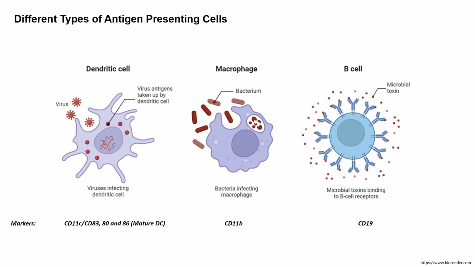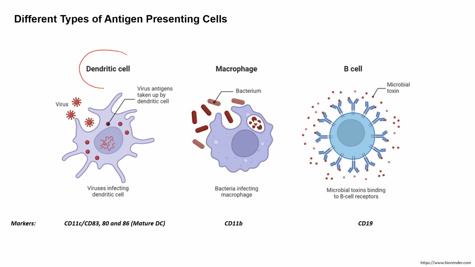Now, there are three main types of cells. There are many other types of cells present in the human body, but there are three main types which are called antigen presenting cells, meaning they can present the antigen for further processing. And there are three types which are mostly identified.